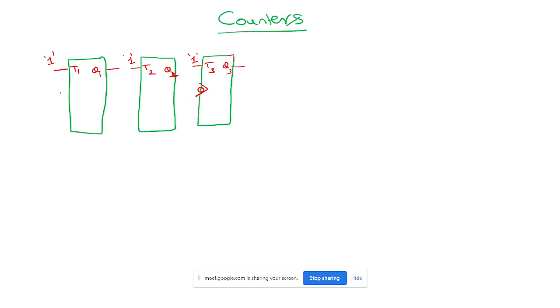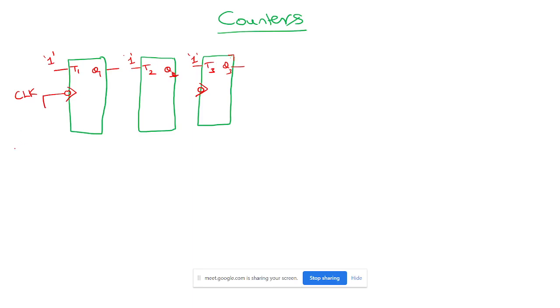Now, which triggering is this? Negative edge or positive edge? Which sensitivity is it? Can anybody answer? Is it a positive edge triggered flip-flop or a negative edge triggered flip-flop?